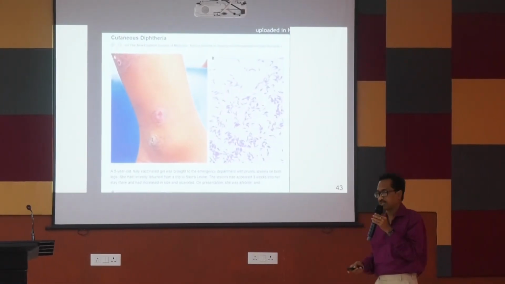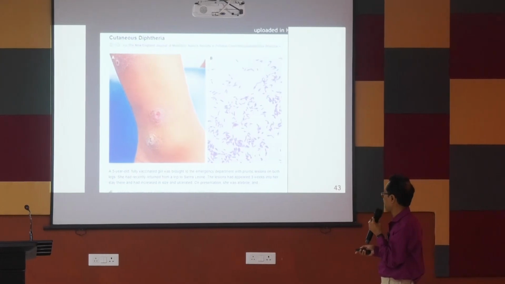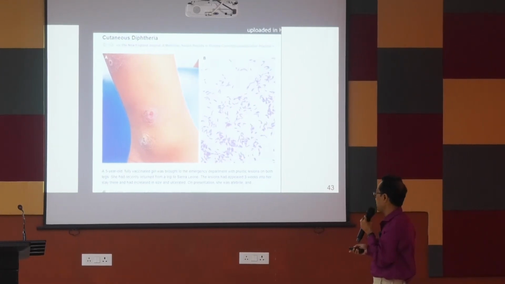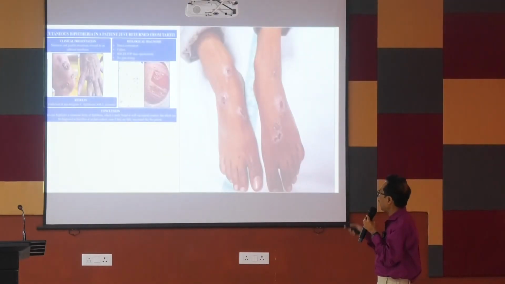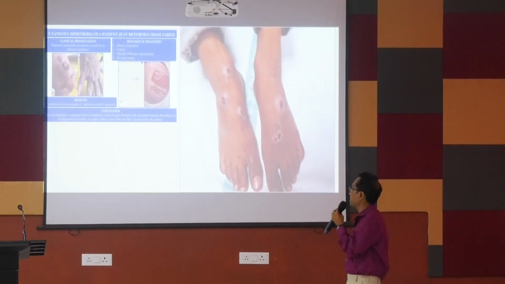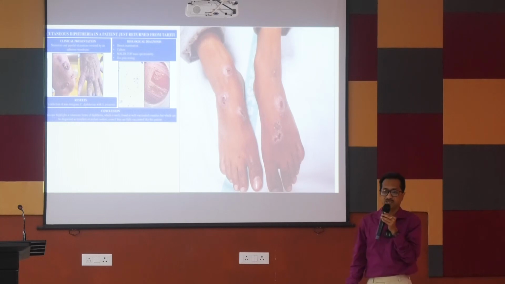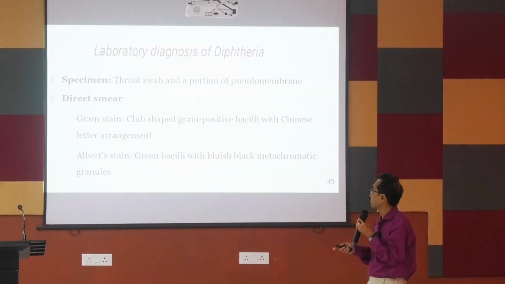So this is one example of cutaneous diphtheria. On presentation, she was afebrile. The lesion had appeared 3 weeks earlier. Here is another example of cutaneous diphtheria: multiple punched out ulcerative lesions with fibrinous exudate above the ulcers.